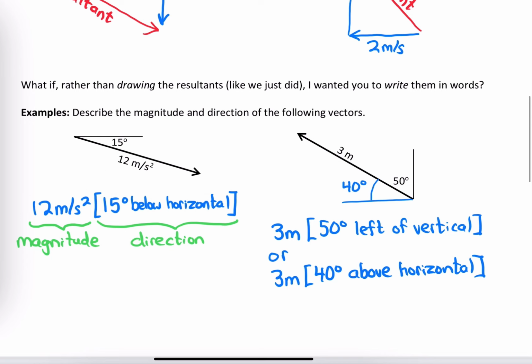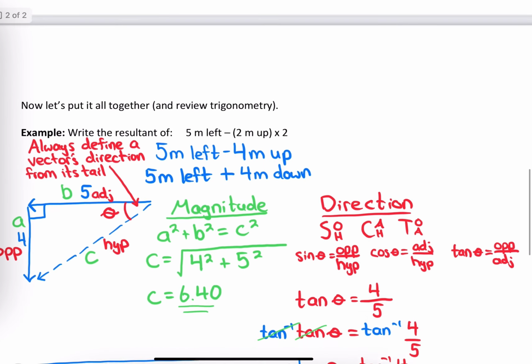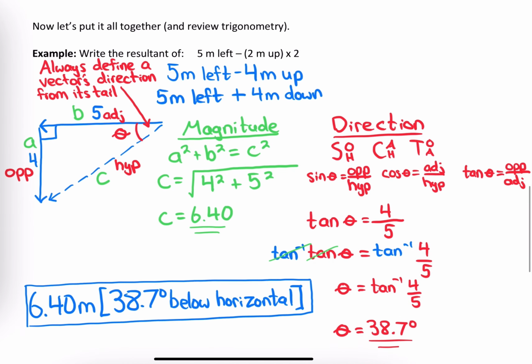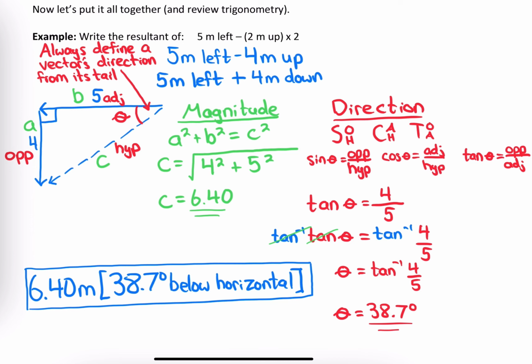When I'm writing out the direction of a vector, I use square brackets like this, and I use a number of degrees to compare my vector to either a horizontal line or to a vertical line, preferentially to a horizontal line. When I actually have a vector and I'm trying to find its magnitude and direction, I'm trying to be specific about it, I use a little bit of trigonometry.